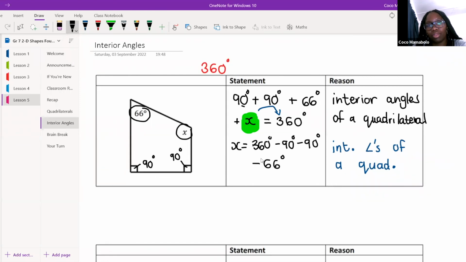You will notice what I've done here is I've taken all of these pluses, and taken them over my equal sign, and they've all become minus, minus, minus. So now I want you to put it on your calculator, 360 minus 90, minus 90, minus 66, and then give me an answer for x, because now I have to say, therefore, x is equal to something.